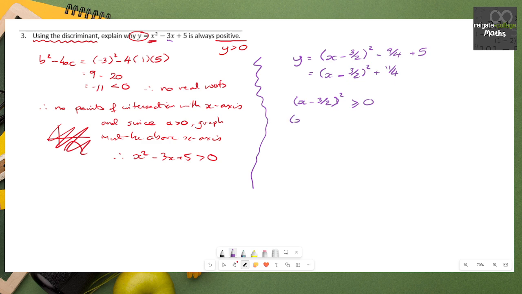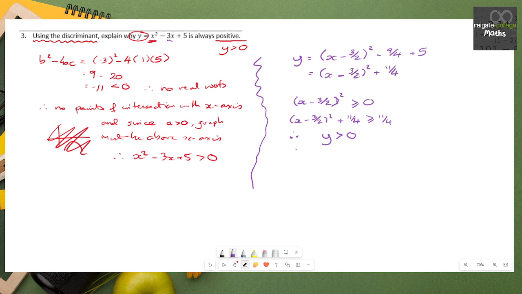So that tells us that x minus 3 over 2 squared plus 11 over 4 must be greater than or equal to 11 over 4. We're adding 11 over 4 to the right-hand side, to the left-hand side, we've got to do it to the right. This is why, and if something is bigger than 11 over 4, well, it's definitely bigger than 0. So it's a slightly quicker way of doing it, but a little bit less obvious.